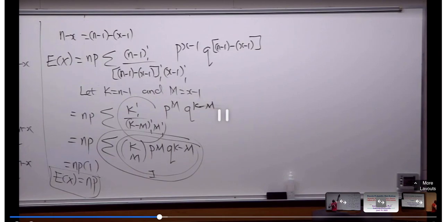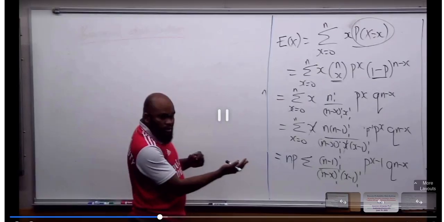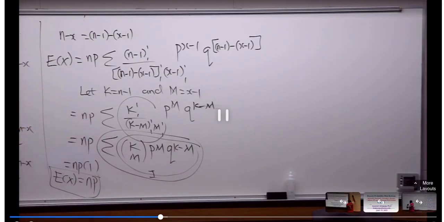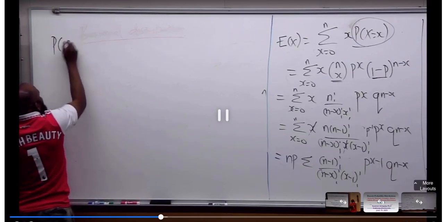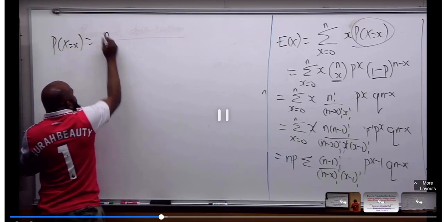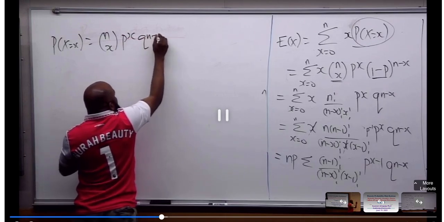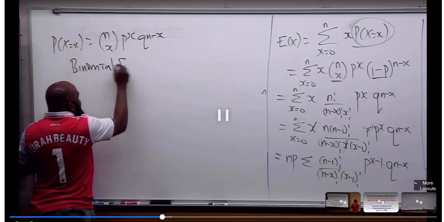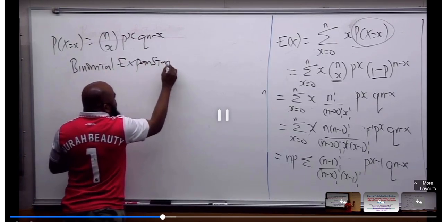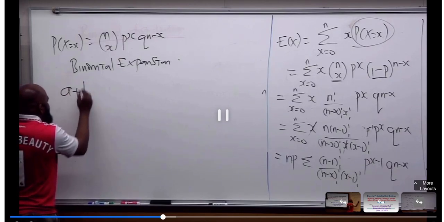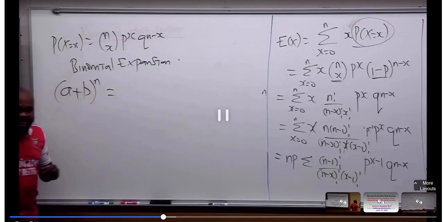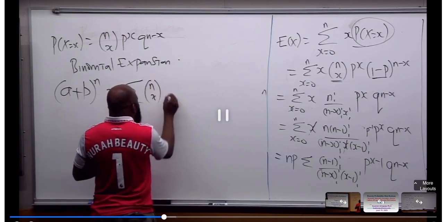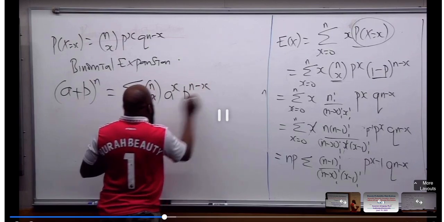some of you may be wondering, why is it that some of these equal 1? If you want to go by binomial expansion, a plus b raised to power n is this: n combination s, and s starts from 0 to n.